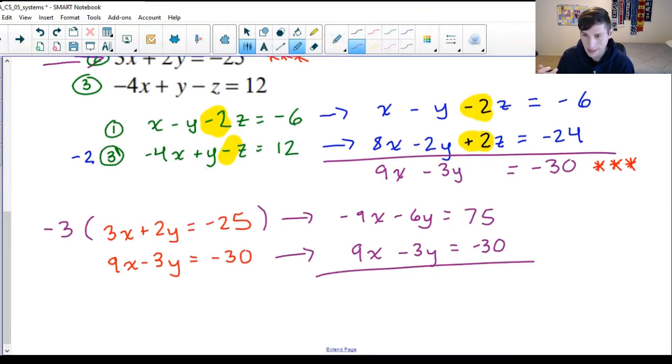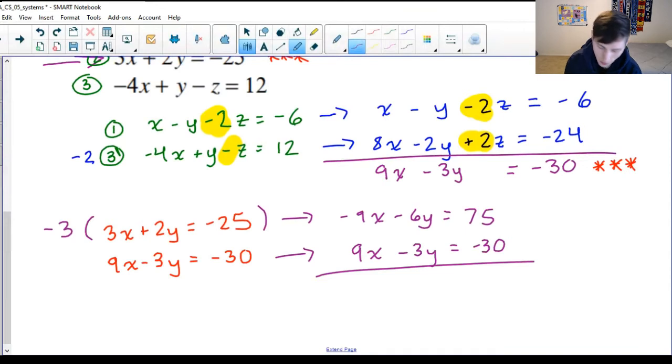And then I add them together. All right, luckily we got that negative 9x and the positive 9x. That was our goal. That's what we're trying to do. So whenever I add them together, it'll get eliminated. So negative 9x plus 9x, 0.